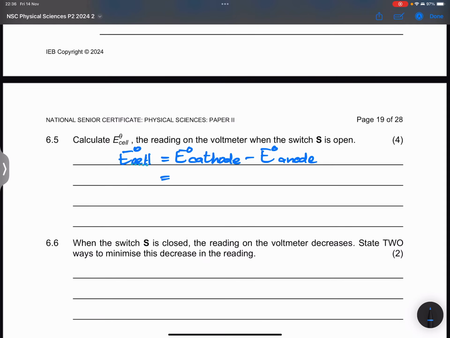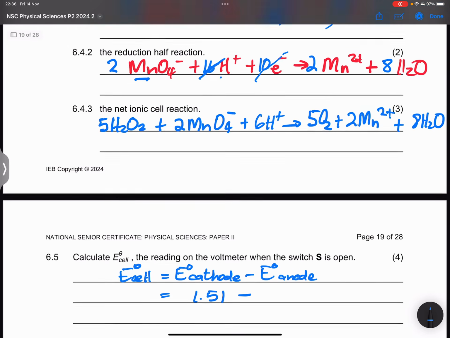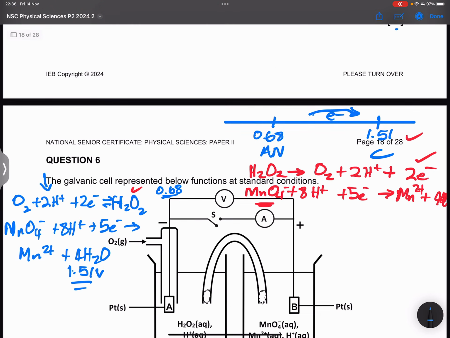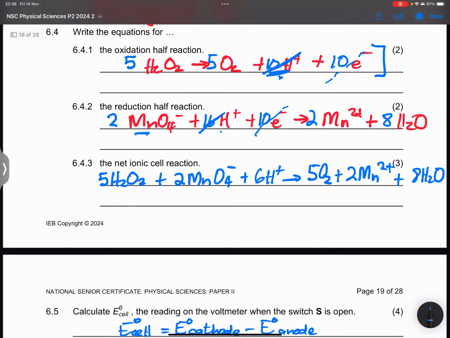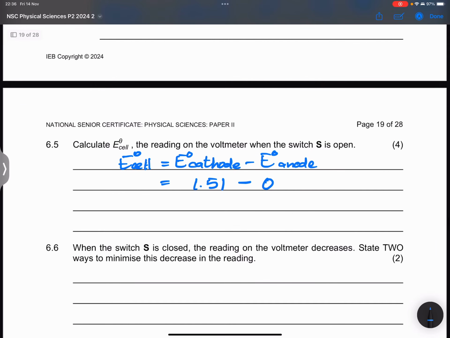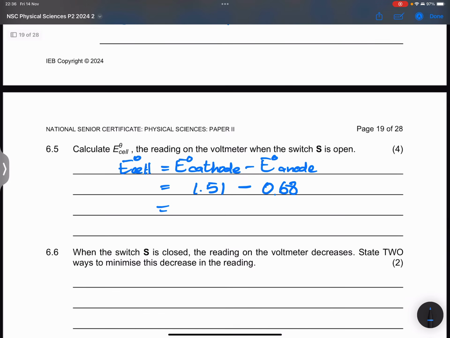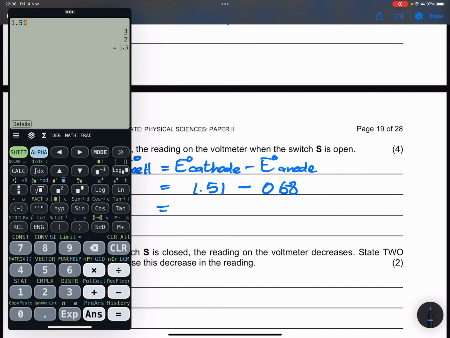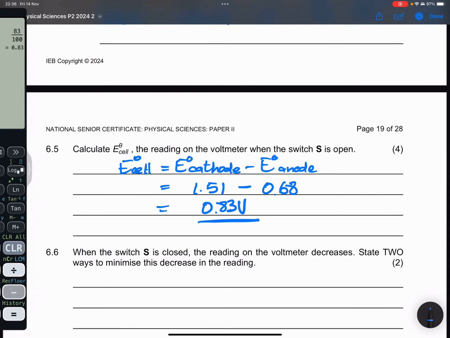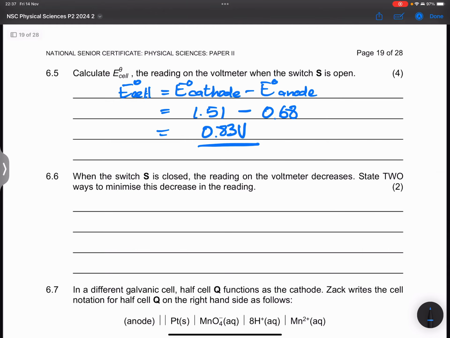And so that would be 1.51 minus, remember, we were given there 0.868. I get 0.83 volts.